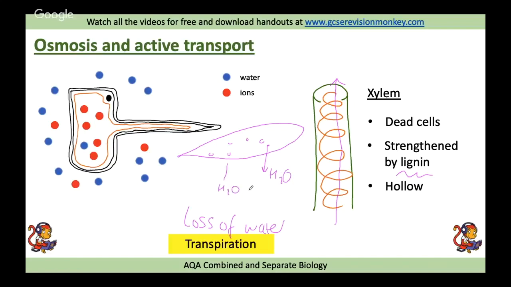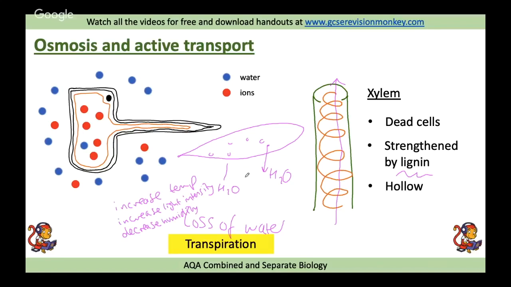And the factors that increase it, if you increase the temperature, that will increase the water loss or the rate of transpiration. If you increase the light intensity, because it will be doing more photosynthesis, all the stomata will be open. And think carefully in terms of concentration gradients. If you decrease the humidity, that means there'll be less water in the air.